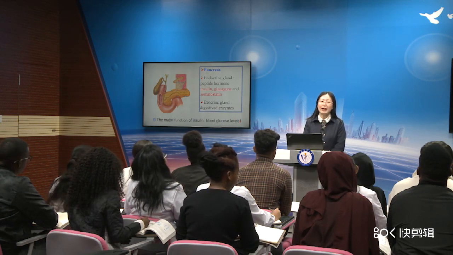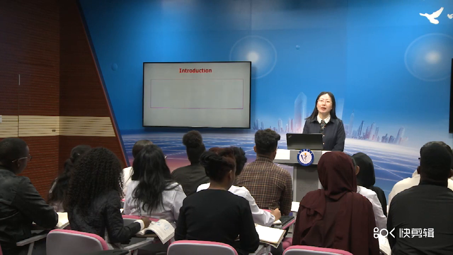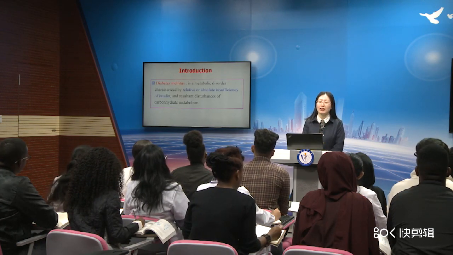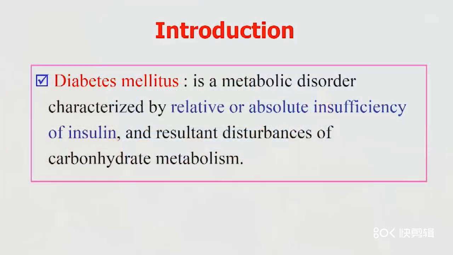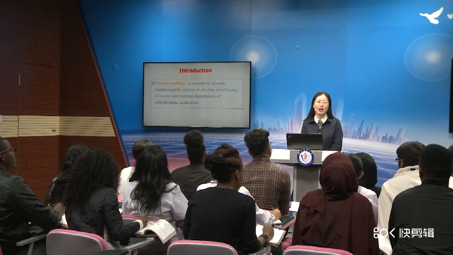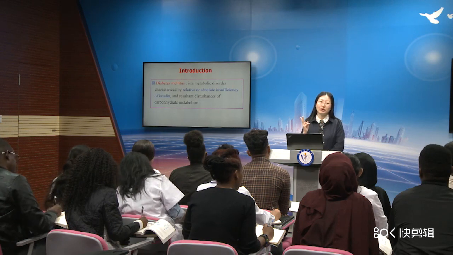So let's learn something about diabetes mellitus. What is the meaning of diabetes mellitus? It is a metabolic disorder characterized by relative or absolute insufficiency of insulin and the resultant disturbance of carbohydrate metabolism.